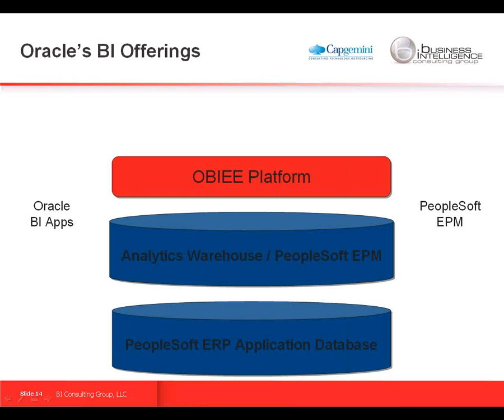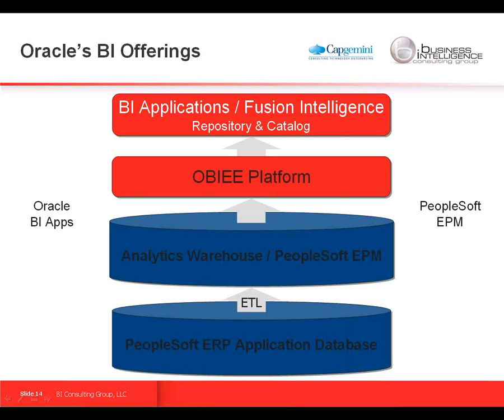So in addition to delivering the database schema and the table definitions, there are ETL tools and scripts to move the data from the ERP application database into the warehouse. And then there are the repository and catalog that go on top of the BI platform to pull that data out of the warehouse and present it to users.